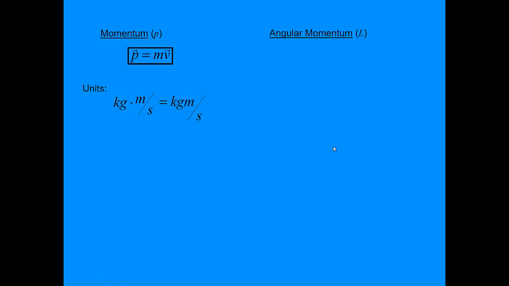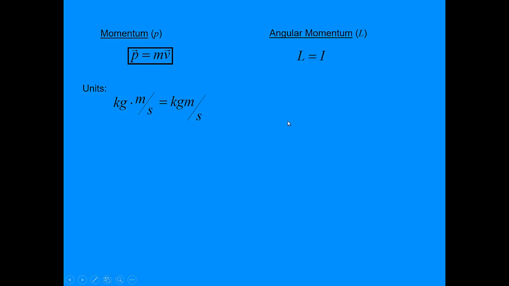Now, I'm not going to do a big derivation here or a lot of hand waving. Basically, at this point, I hope you realize that in most cases, you can kind of map the linear quantity over to the angular quantity, right? And we're going to do that here. So linear momentum is mass times velocity. Angular momentum is, well, what's the rotational analogy to mass?